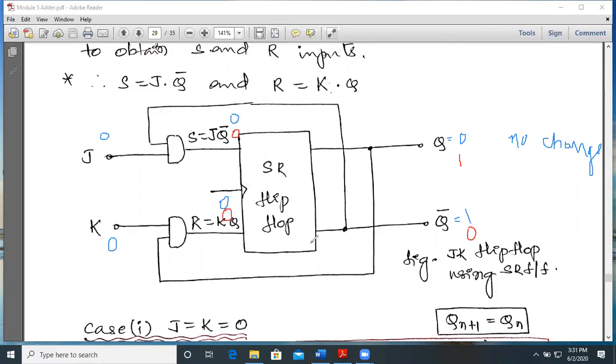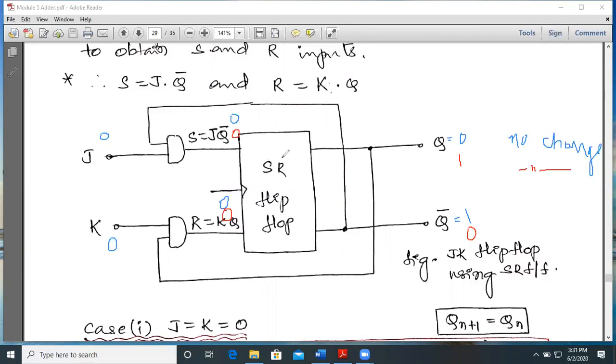According to the truth table of SR flip-flop, we know that when S is equal to 0 and R is equal to 0, we are getting the no change state. Thereby, even if we assume Q is equal to 0 or Q is equal to 1, we are going to get this no change condition.